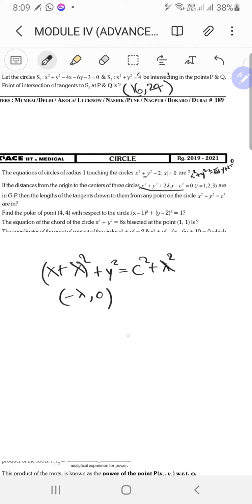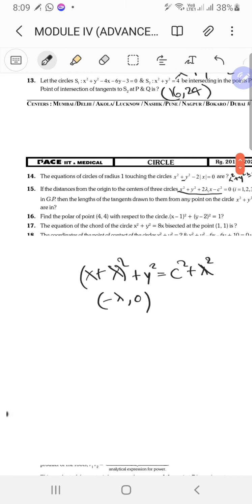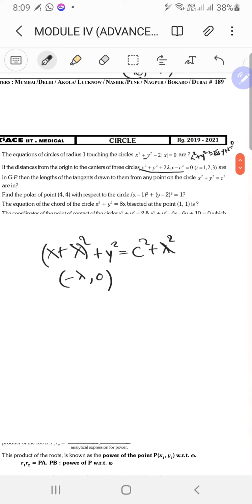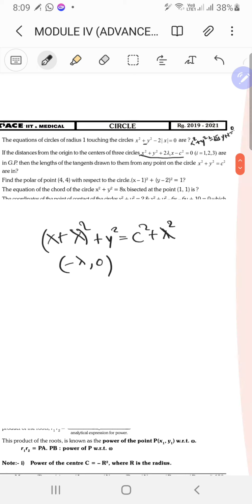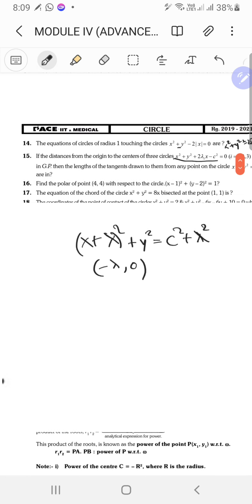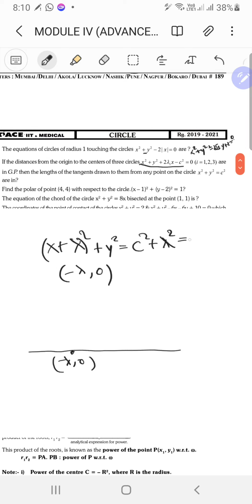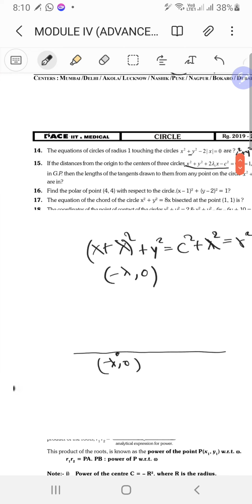Okay, right, so we got a point minus lambda comma 0 as the center. Okay, and this is on the x-axis, yes, and it has radius squared equal to c squared plus lambda squared.